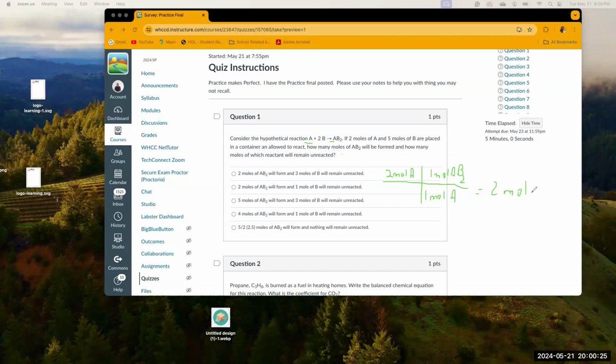So if we start off with A, we're only going to end up with 2 moles of AB. Now, if we start off with B2, we're going to be starting off with 5 moles. We're going to look at that mole to mole ratio. For every 2 moles of B, we have 1 mole of AB.